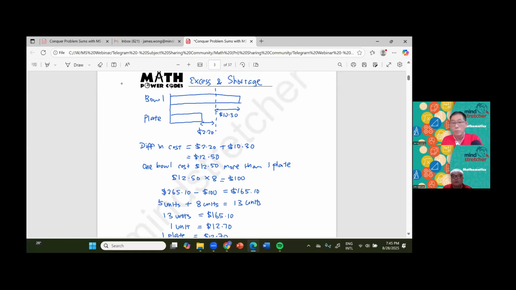If she were to buy one more plate, she had 220 left. So this one plate plus the 220 will give you the amount that she has, represented by this dotted line here.